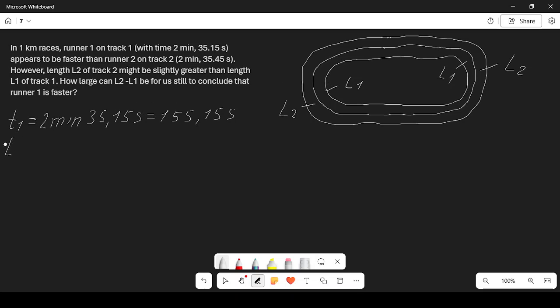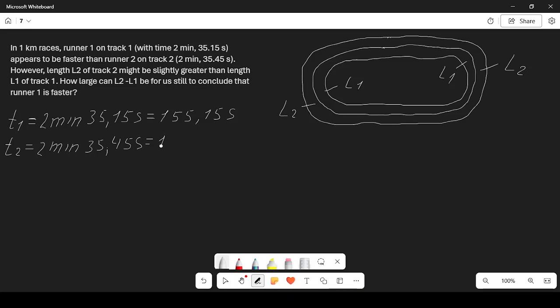As well, we know the time of runner number 2. It's 2 minutes 35.45 seconds. Let's express it in seconds.